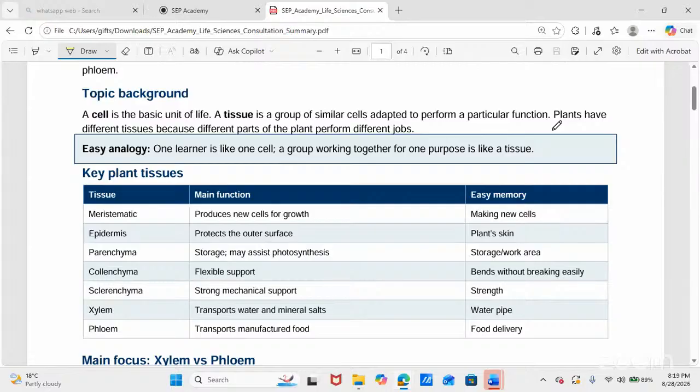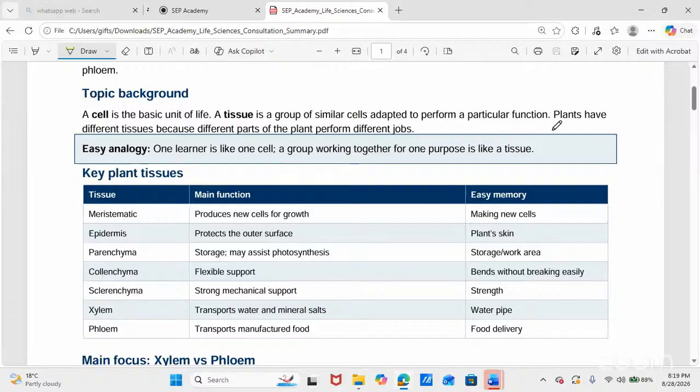As I've told you before, tissues come together to form an organ, and the organs come together to form the systems. Those systems perform different functions. For example, in the human body, we have the excretory system and the digestive system. When you eat food, the digestive system does its job, and when you want to pass the food out, the excretion system does its job.